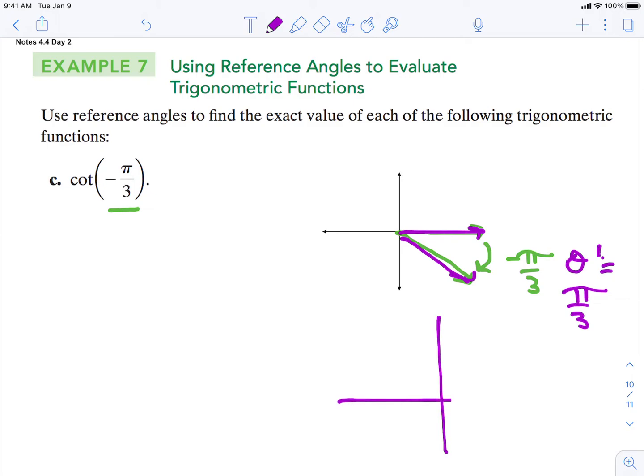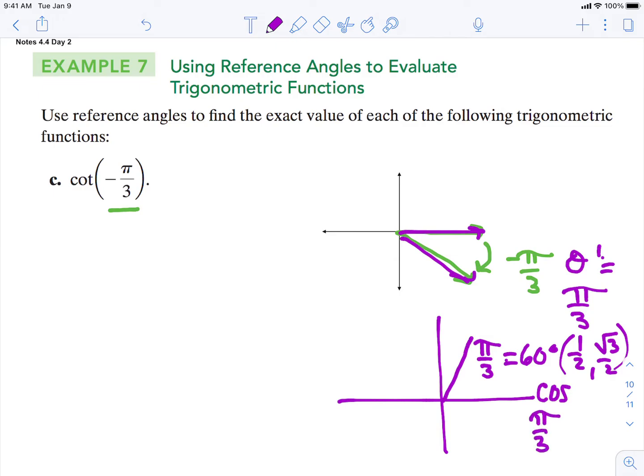So on the unit circle, the ordered pair up here for pi over 3, or 60 degrees, is 1/2, square root of 3 over 2. The first value is your cosine of pi over 3, and then the second one is the sine of pi over 3.